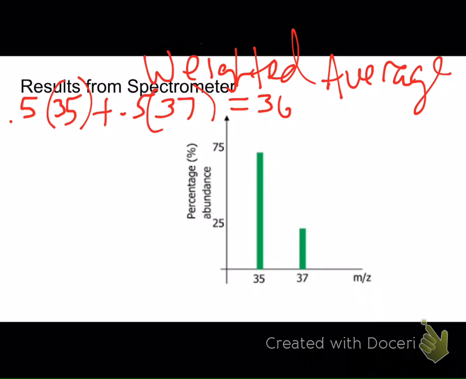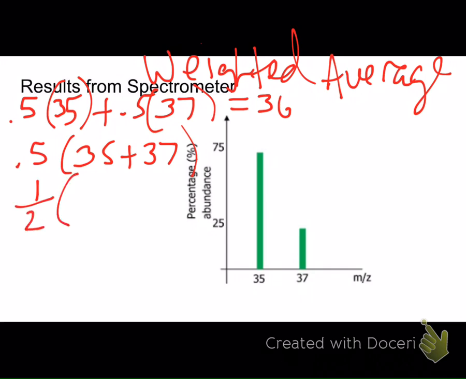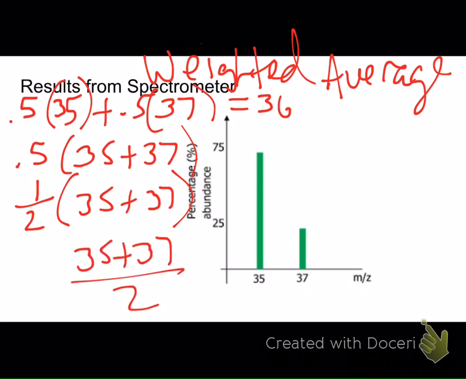Let's do a little algebra here. Let's factor out a 0.5, and we'll get 35 plus 37 here. And let's rewrite 0.5 as 1/2, and let's keep the 35 plus 37 here. And then let's just rewrite this as 35 plus 37 over 2. Voila. There's the average formula that you would have done.